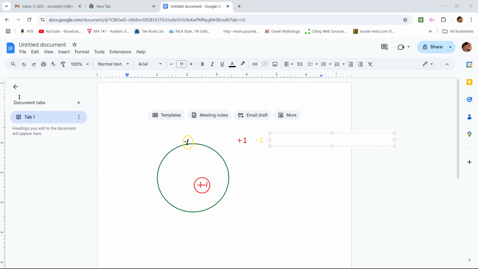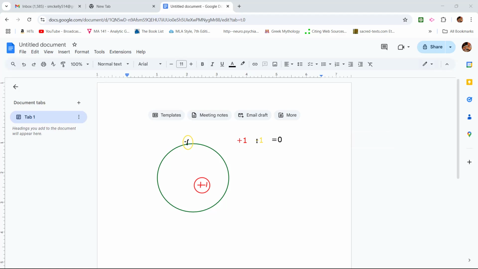What I was looking for you to tell me is, if I tell you this is +1 and I know this is neutral, if I know this is 0, what electron do I need here?